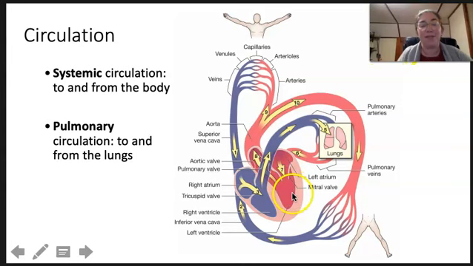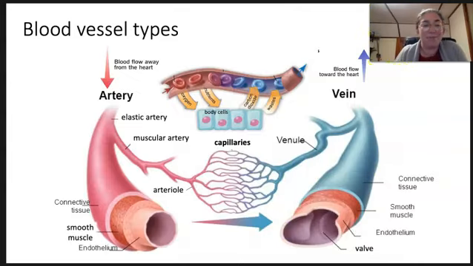And then there's the systemic circulation, where that oxygenated blood gets pumped from the left ventricle of the heart out to the body. Now in this chapter, we're going to learn more about the various vessels, the arteries and veins and capillaries that are responsible for branching out through the body and delivering that blood and oxygen and nutrients and everything else in the blood.